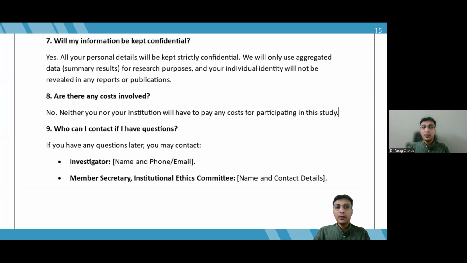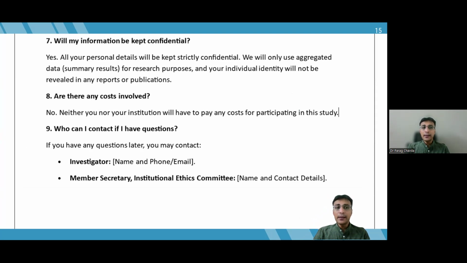The next is, will my information be kept confidential? So understand this from the research participant's point of view. If you yourself were to be a research participant, you would usually want your information to be kept confidential, and hence your research participant also would expect the same from you. So yes, all your personal details will be kept strictly confidential.